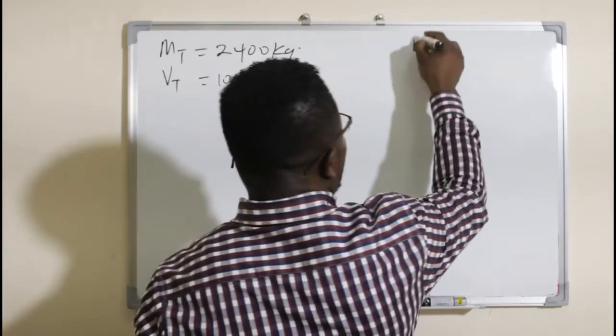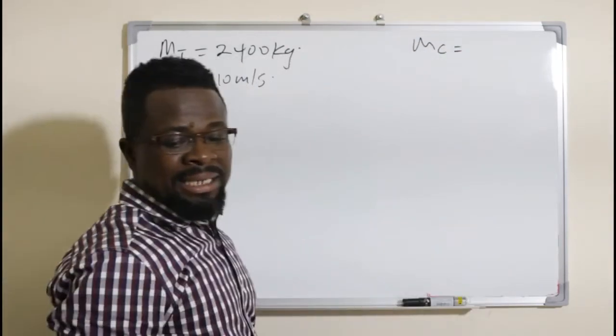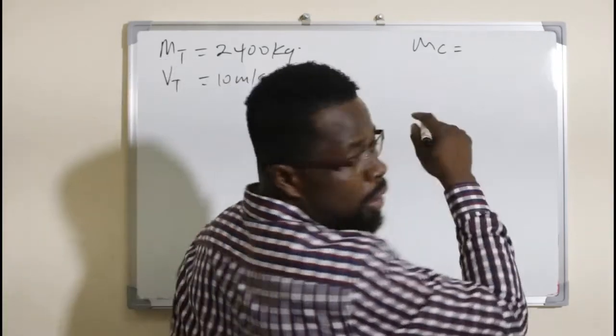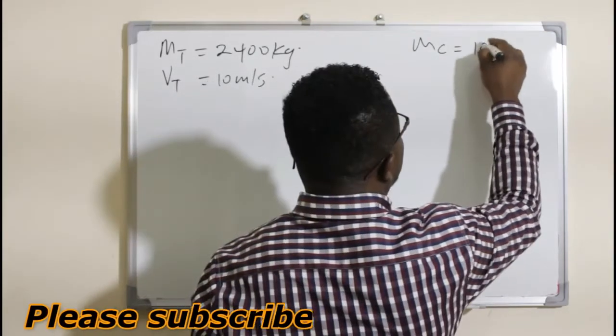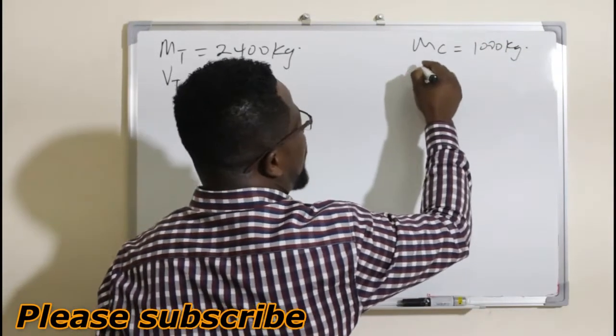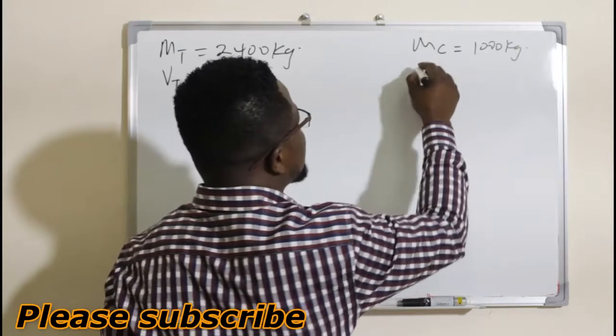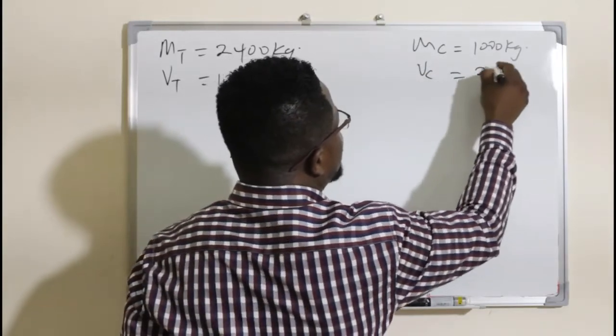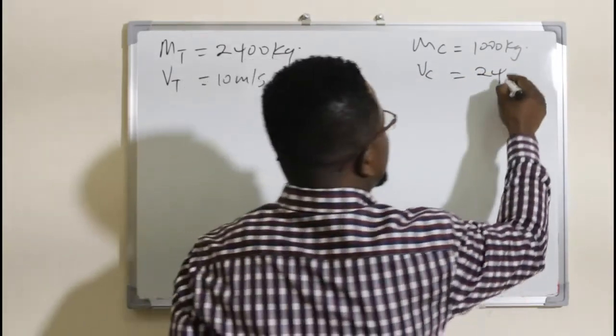Now the car on the other hand has a mass of 1,000 kg, and it has an initial velocity of 24 meters per second.